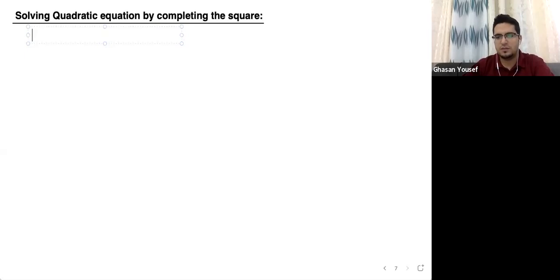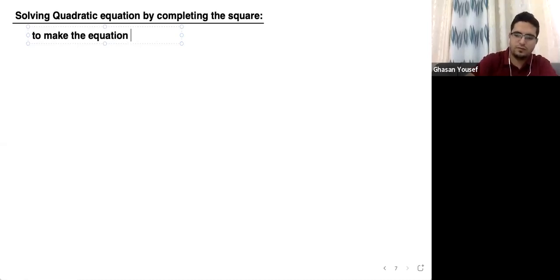We add to both sides of the equation b over 2 squared. So to make the expression x squared plus bx a perfect square, we add b over 2 squared.